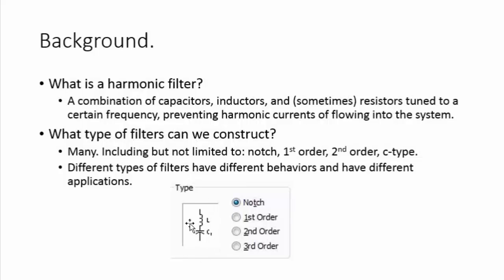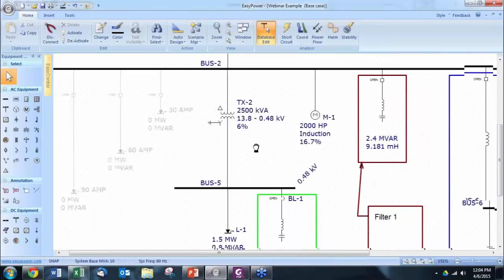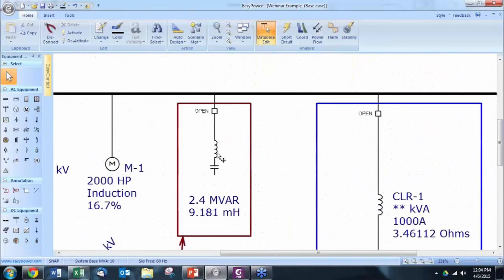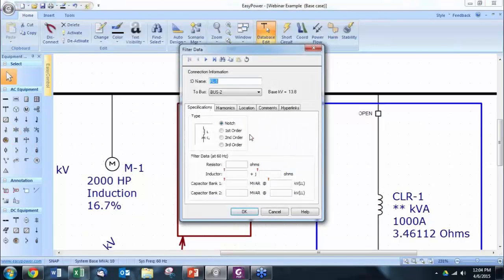Now, this is a screenshot from EasyPower in which you can see that when you place a filter, you can select the type of filter that you need. Notch, which is just a combination of a reactor and a capacitor. This is the most widely used filter.